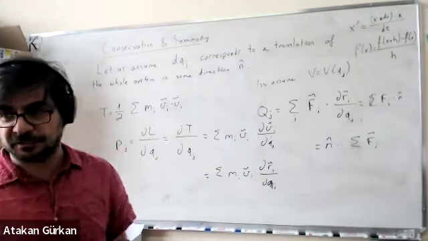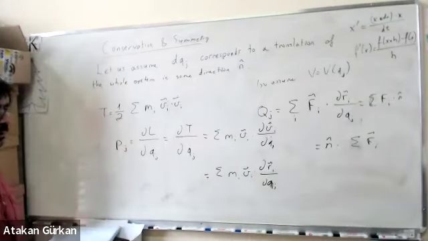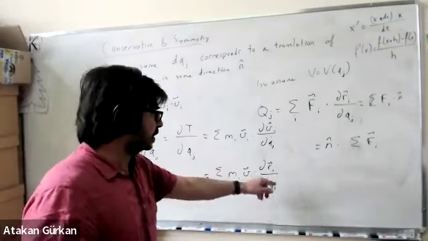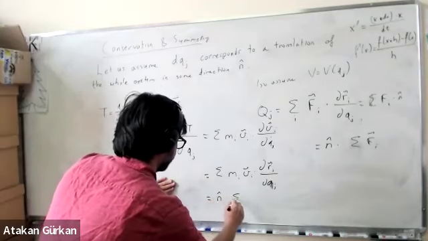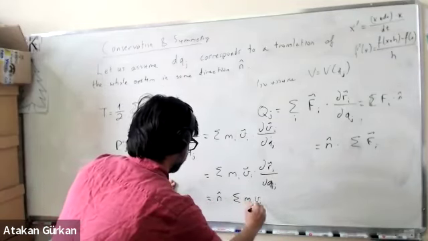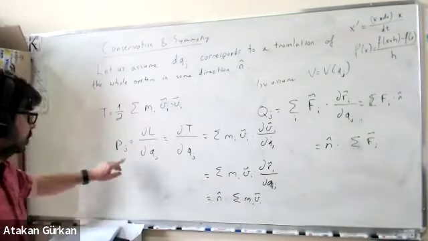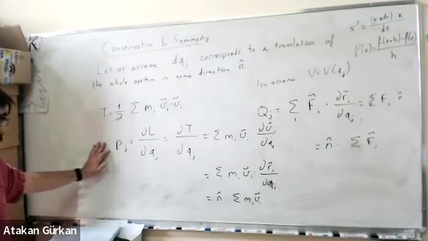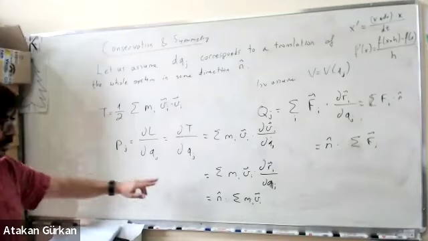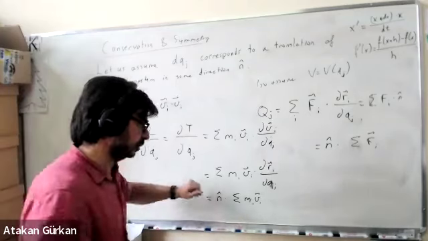To show that this is in fact true. It's just an application of the chain rule, but something very handy. And now this is just n dot P. So this generalized momentum is in fact the component of the linear momentum along this direction. Right? This is the total linear momentum.